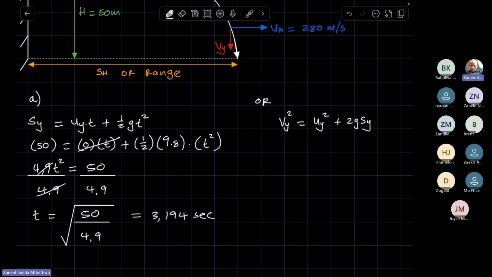Vy squared is equal to 0 plus 2 times 9.8 times 50, which is 980.